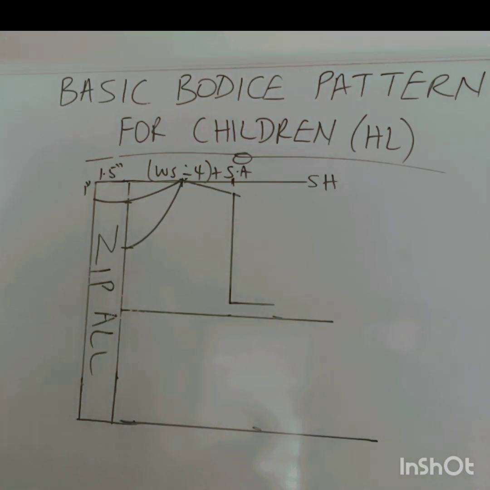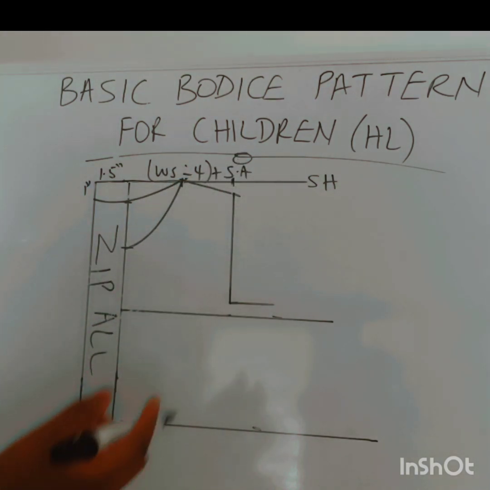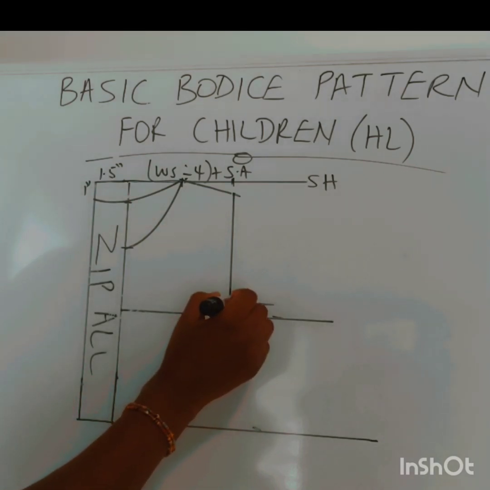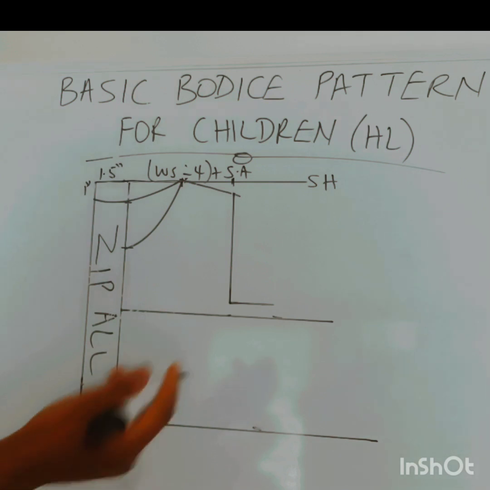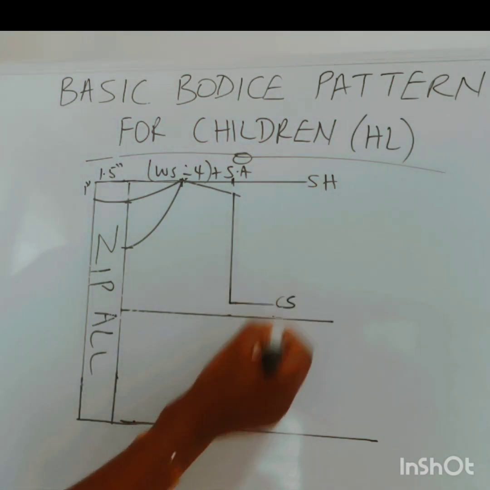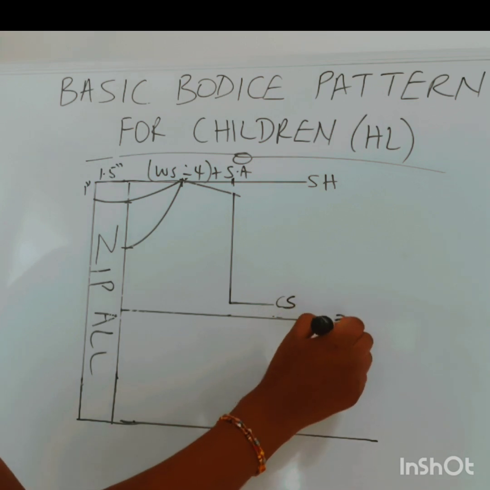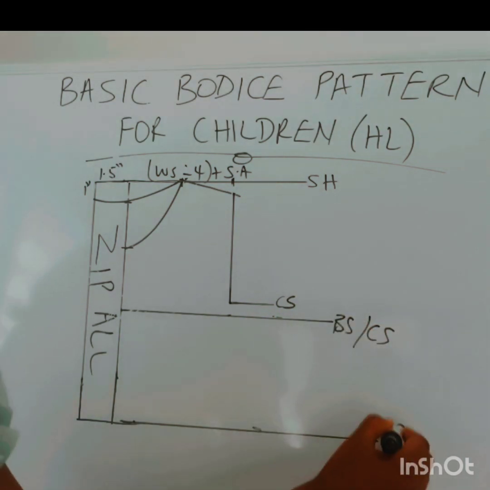So this is the armhole depth. So this is the chest line. See the upper chest and where the bust is, they are very, very close for children. Okay, so this is the chest line. So this is the one that we call bust, but we can still call it chest. And then this is the waistline.